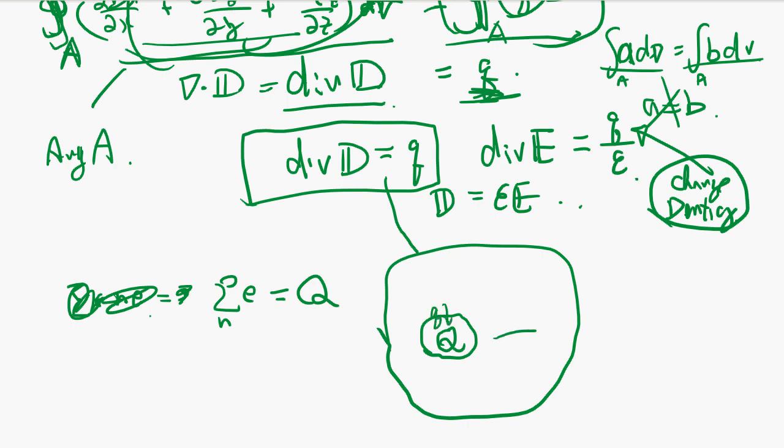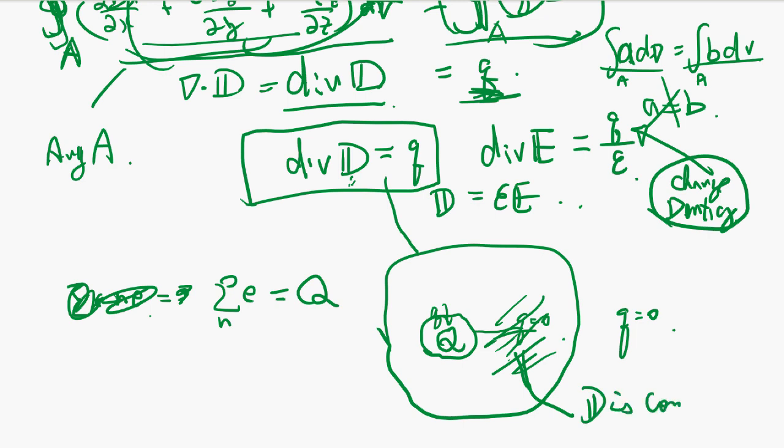Here Q is 0. So what does it say, D comes out, and in this area D is 0? Not really. The derivative of D is 0, so D can be constant.